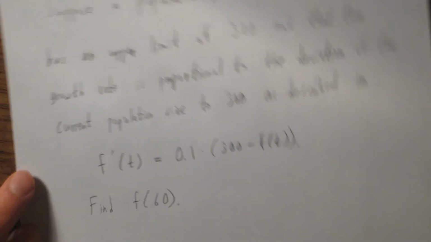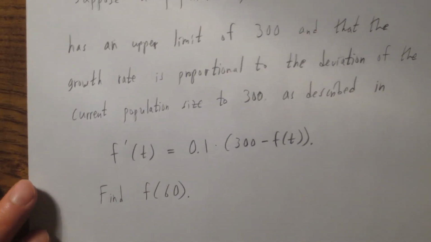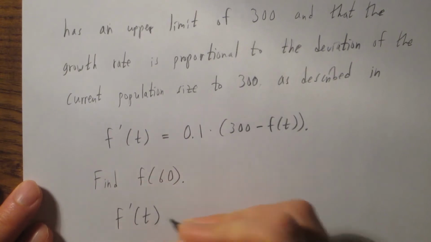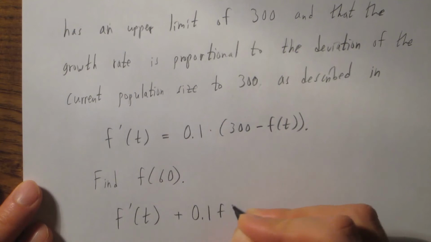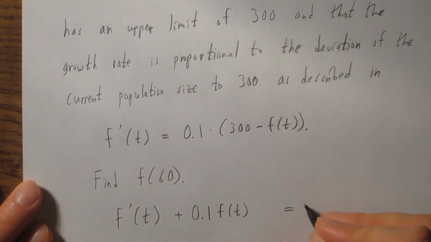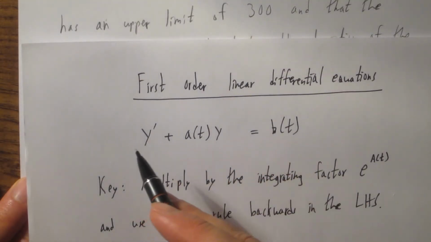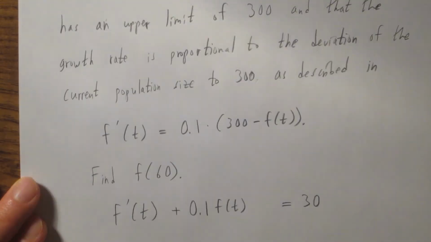So let's make sure that these things are true for us before we apply the recipe. So that's why, to ensure that, I will move the function to the left-hand side, because now you can compare it with this one and see that little a is going to be 0.1.